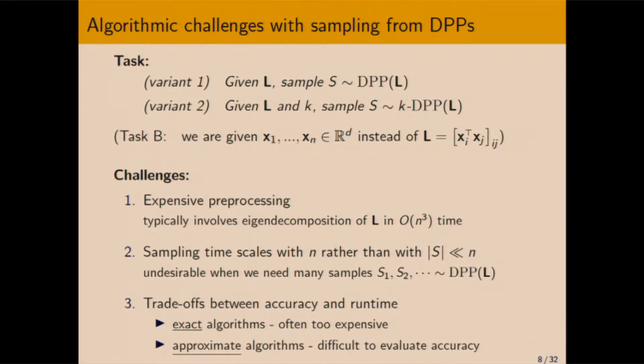But then it's very difficult to get approximation guarantees in theory, and it's very difficult to evaluate whether the sampling algorithm is actually sampling from a good approximation. So there are a lot of heuristics in particular.